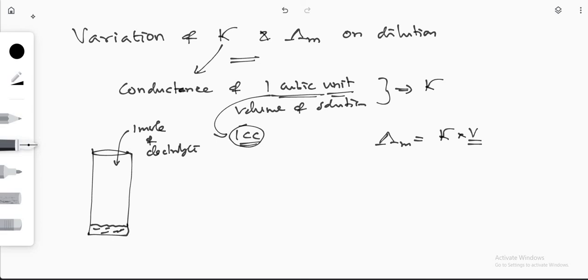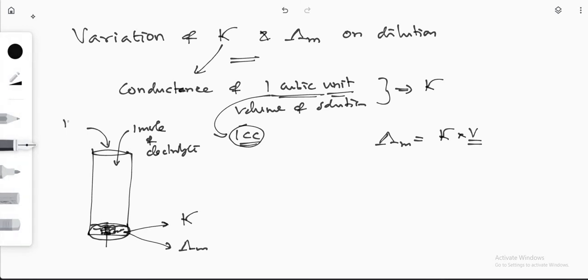This solution will give some value for kappa and some value for lambda m. What is kappa? In this solution, you take a small cubic volume of 1 cc, I'll draw it here. The conductance within that volume is kappa, and the total conductance of the entire solution is nothing but molar conductivity.